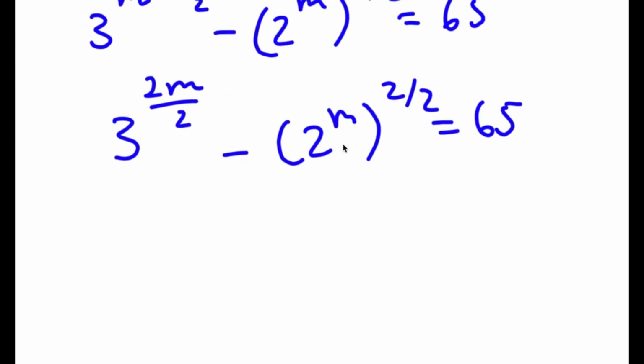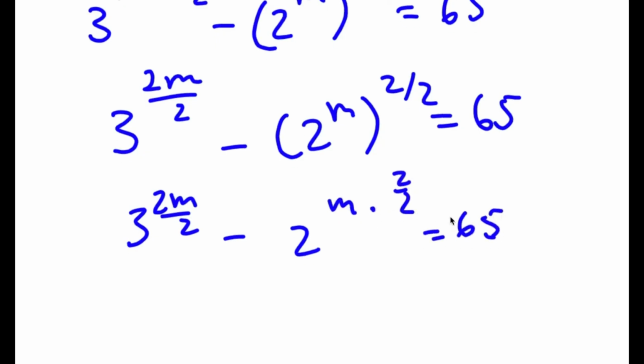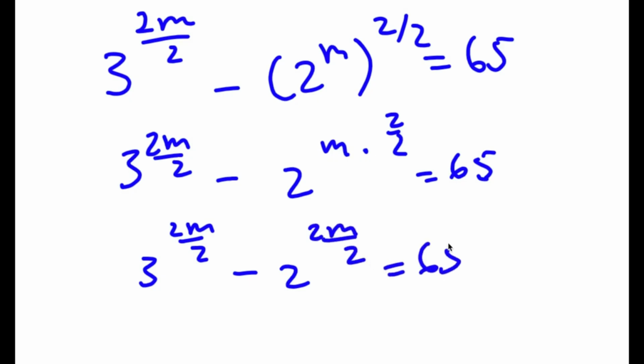Now, this is the same thing with 2 to the power of m to the power of 2 over 2, I have 2 to the power of m times 2 over 2. And then now 3 to the power of 2m over 2 minus 2 to the power of 2m over 2 is equal to 65.